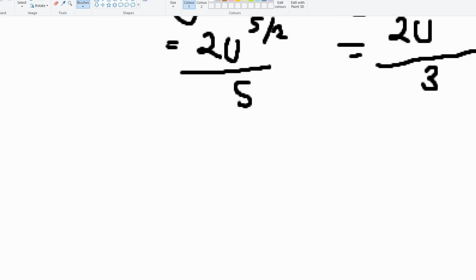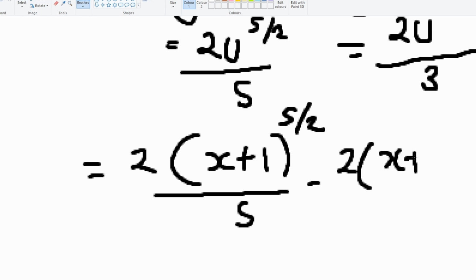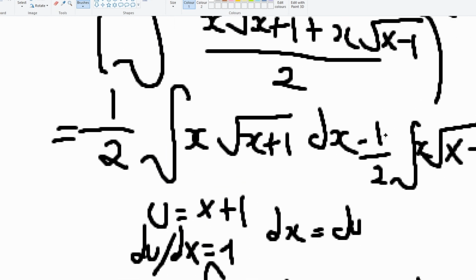Now, after all of that, we will plug in the solved integrals, which will give us 2 times x plus 1 to the power of 5 over 2 divided by 5 minus 2 times x plus 1 to the power of 3 over 2 divided by 3. Now remember, now we need to solve this integral right here. So let's go ahead and do that.